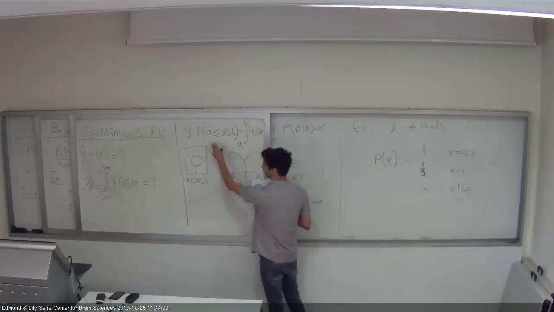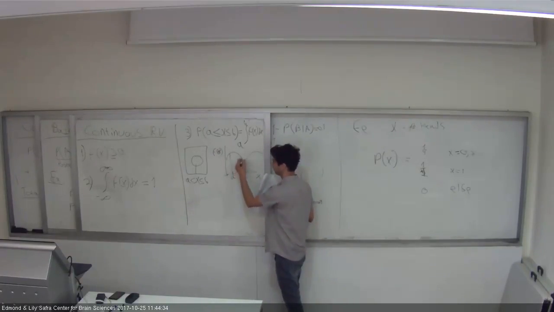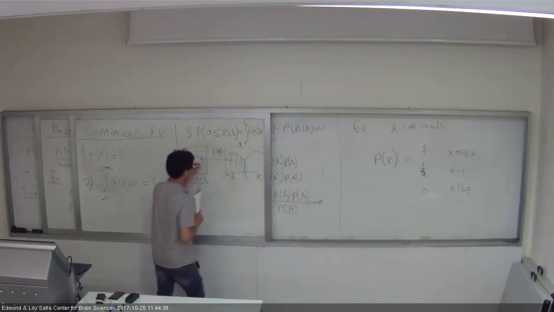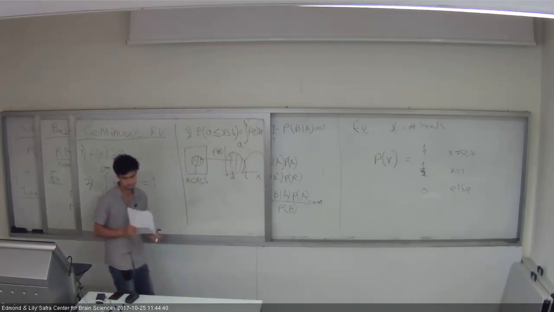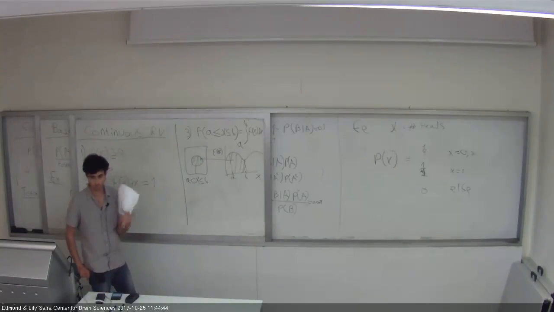So this tells us that the probability equals the area under the curve between a and b. Okay? Questions?